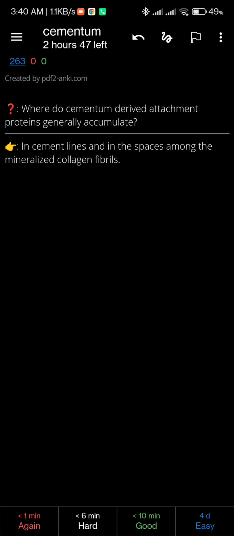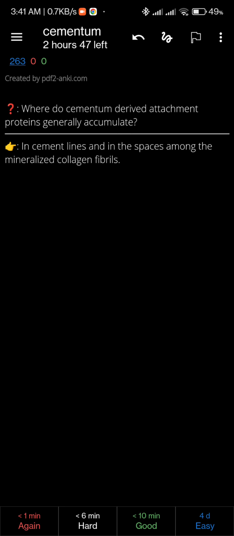Where do these cementum derived attachment proteins accumulate?